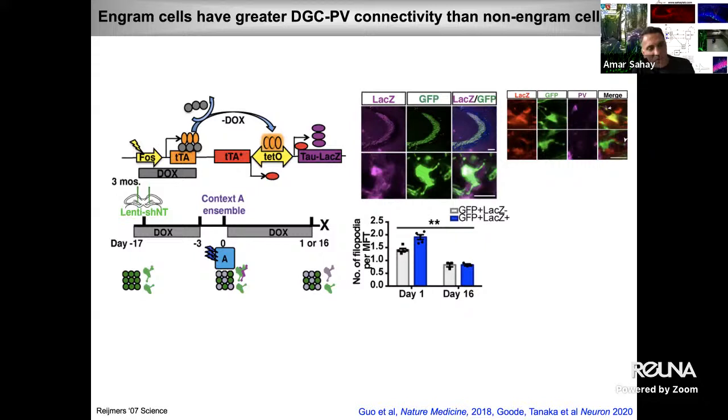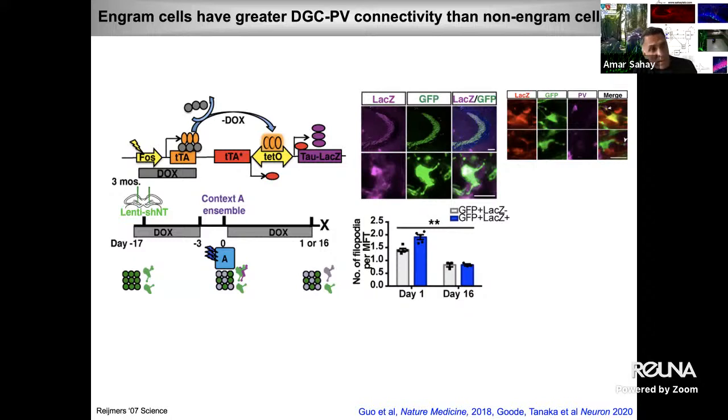And what Nanan found was that the engram-bearing cells in the dentate gyrus exhibited greater connectivity with parvalbumin inhibitory neurons relative to non-engram-bearing dentate granule cells. So that is the first interesting take-home message. And the other was that as the memory generalized, we found that there was a decay or loss of this preference in connectivity of the granule cells with parvalbumin inhibitory neurons.